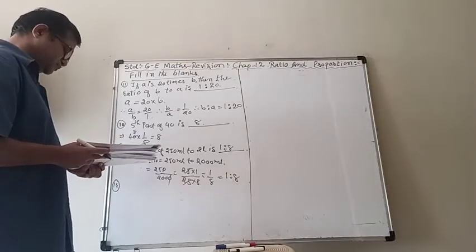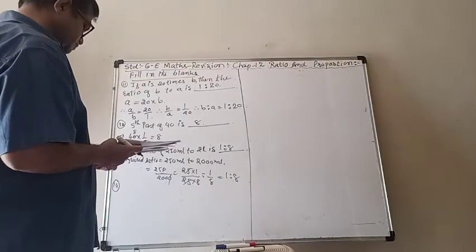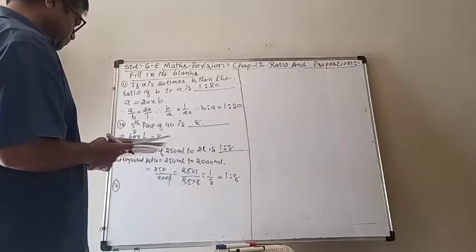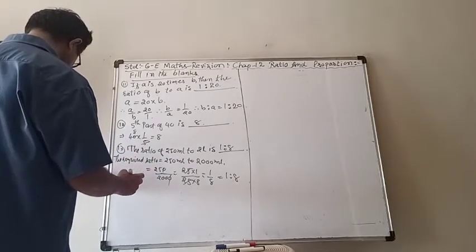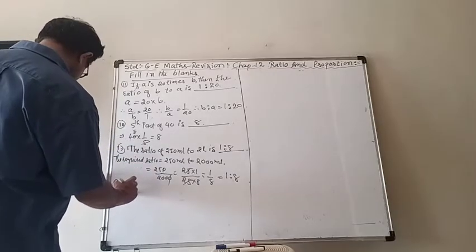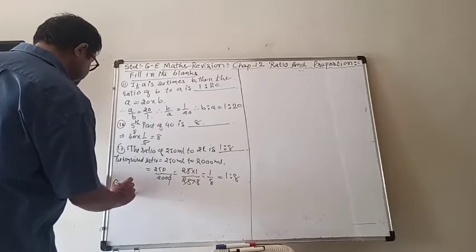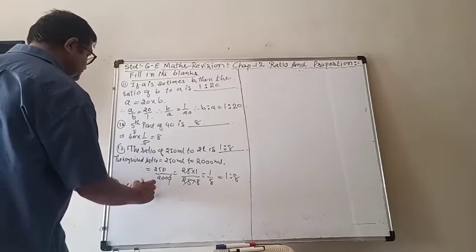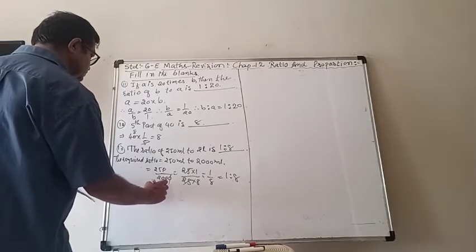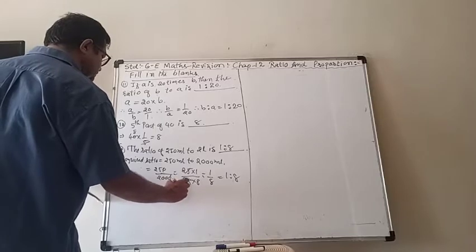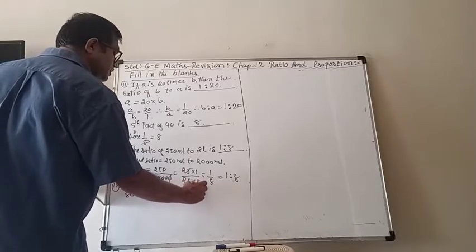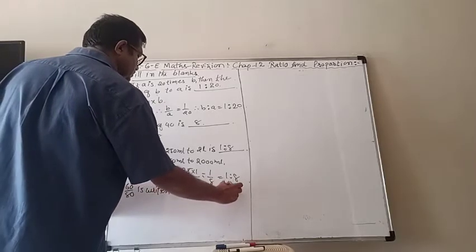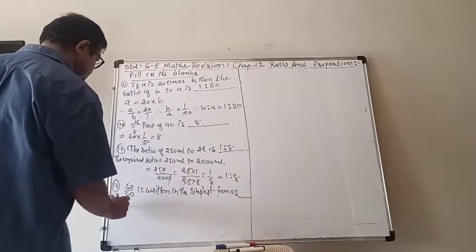Question 14. 60 upon 80 is written in the simplest form as blank.